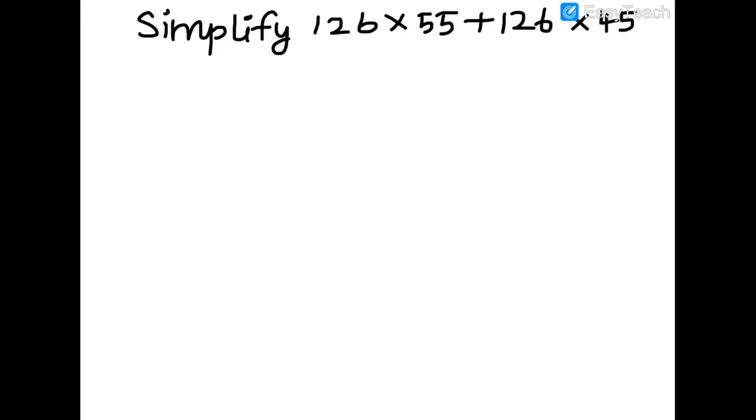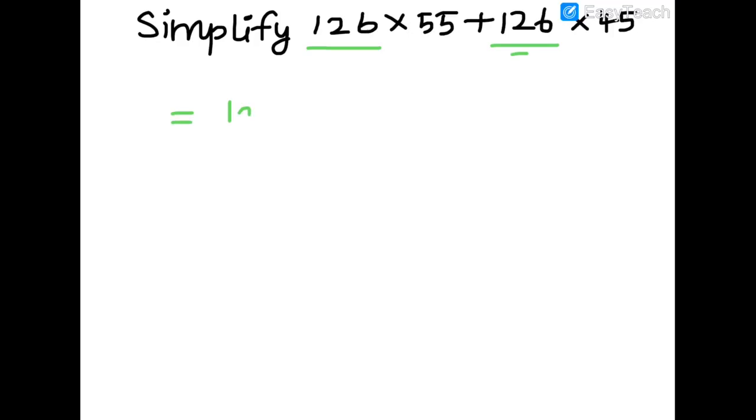For this kind of problem, you have to say what the property is. Here it is 126, and here also 126. This is called the distributive property, distributive of multiplication over addition, because here one common number and here also one common number, 126. So how can we solve this problem?